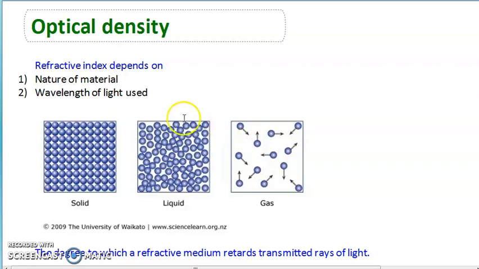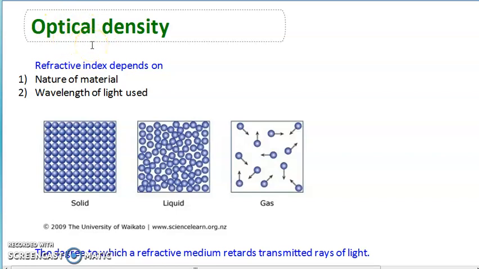On observing carefully, the refractive index depends upon the nature of the material and also the wavelength of the light that we are using. The nature of the material is simple to understand, but if you go in depth, you will get optical density also.